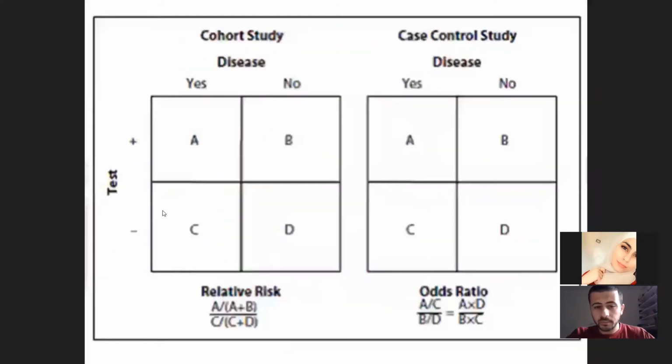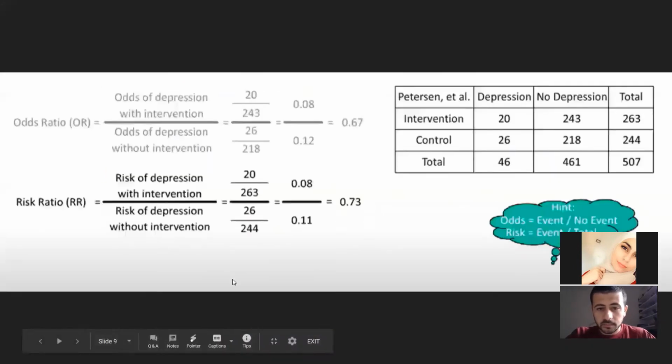But why 1? If I tell you that the odds ratio is 1, that means the odds of depression with intervention equals the odds of depression without intervention.